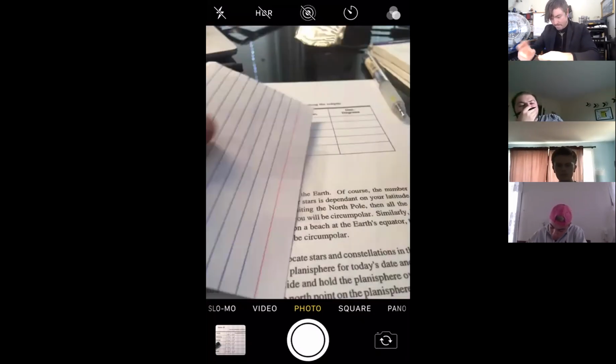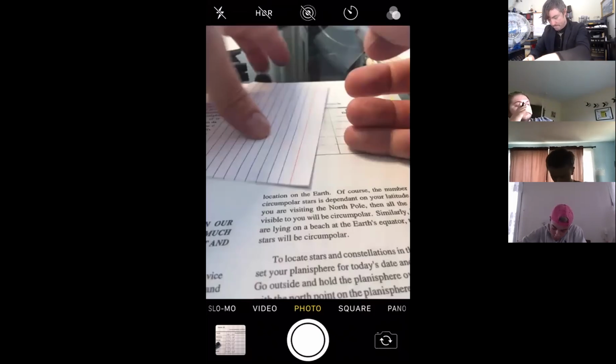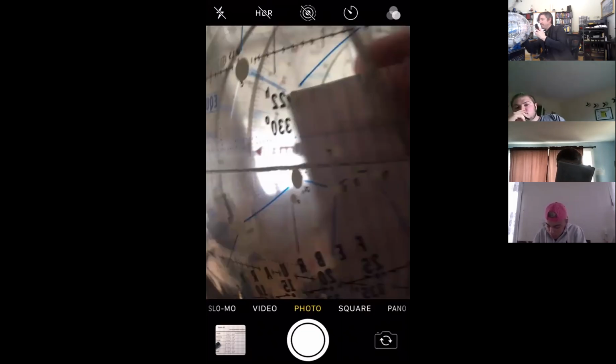If I put a piece of tape at the top of this thing like that, drop my phone, I can tape this to the sun, and now I can move the sun and you guys can see the back of it better, okay?